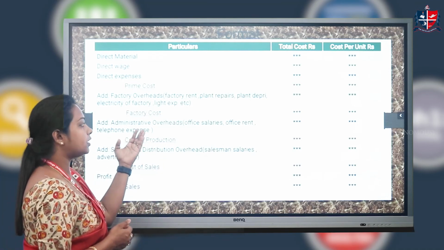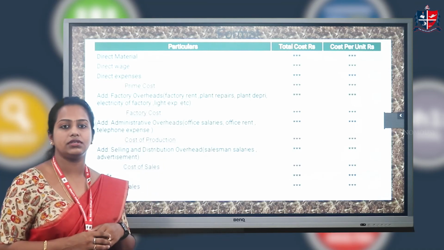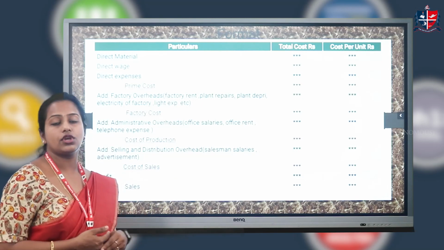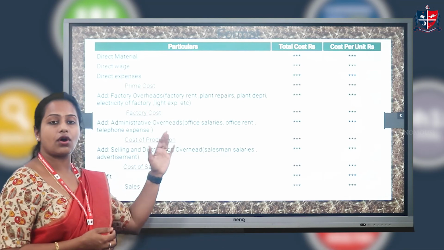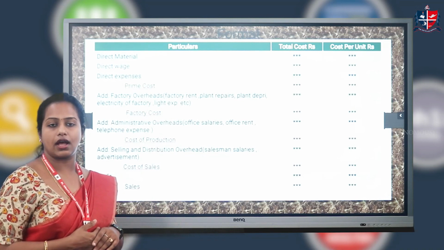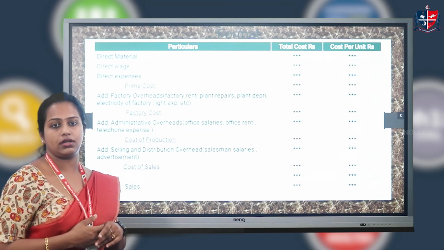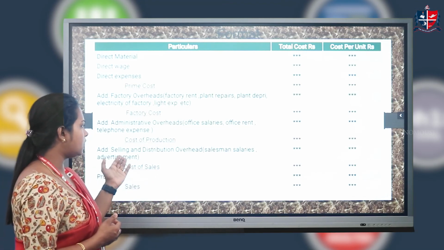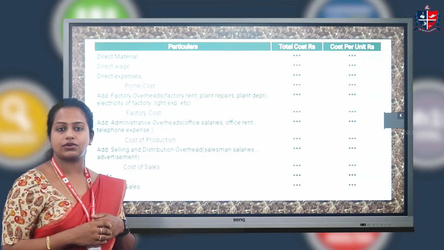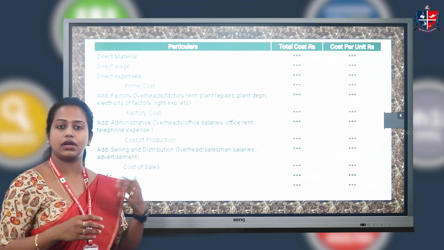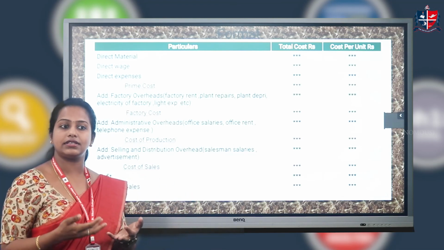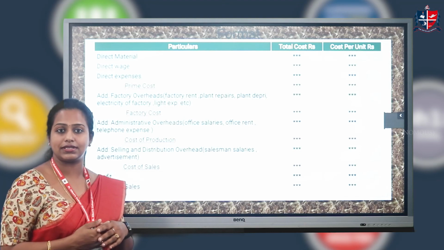For example, when we compare two years' statements, maybe the administration overhead has increased, so unnecessary cost has occurred in the office area, and you can control that. Or maybe the selling and distribution expenses have increased compared to the previous two years, so they can analyze whether those expenses are necessary.